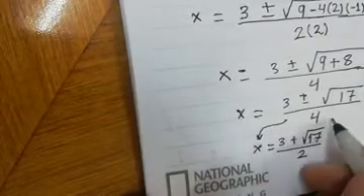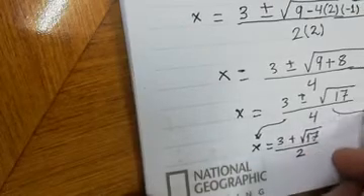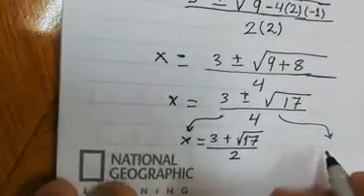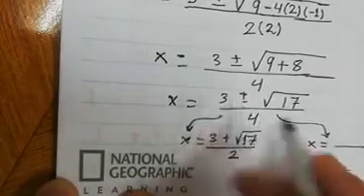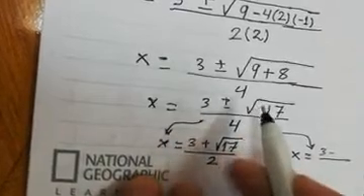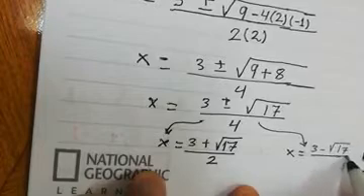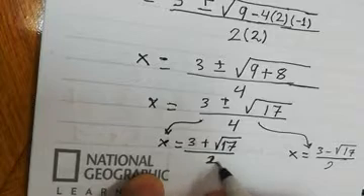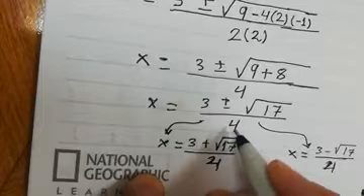This is the first solution, and the second alternative for x is x equals 3 minus the square root of 17, divided by 4, which is the denominator here.